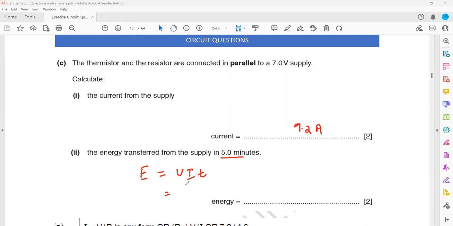So we have a 7-volt supply, the total current is 9.2, and it is used for 5 minutes, so it will be 5 multiplied by 60. What's the answer? The total energy is 19,320 joules, and the unit of energy is the joule.